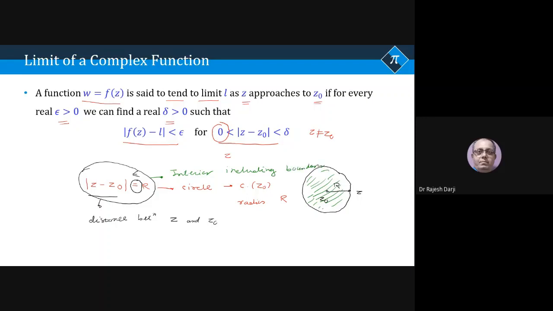Boundary हमें include करना है. And if I remove here the equal to sign and put only less than, then it is the circle with center Z0 including all interior points.